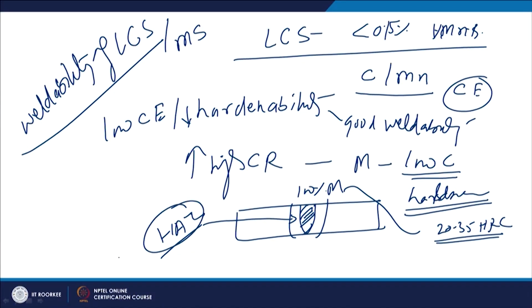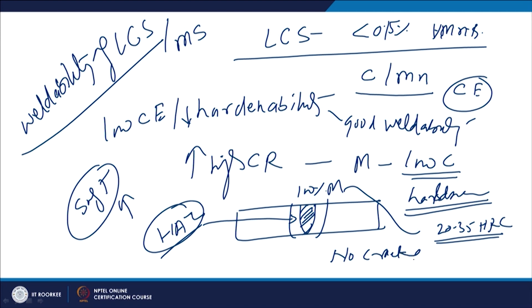So, the lower cooling rates being experienced in the heat affected zone during the welding of low carbon steels will in any case be soft, not as hard as that of the weld metal, and that is why there is no cracking problem with the low carbon steels.